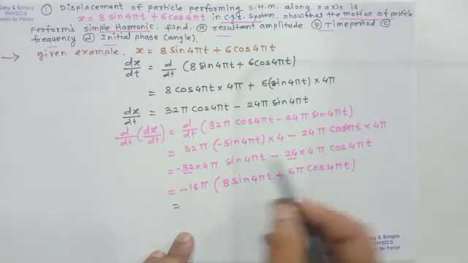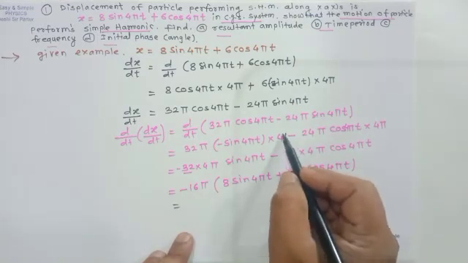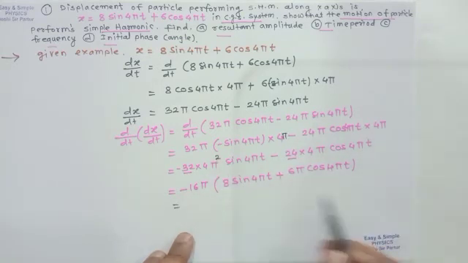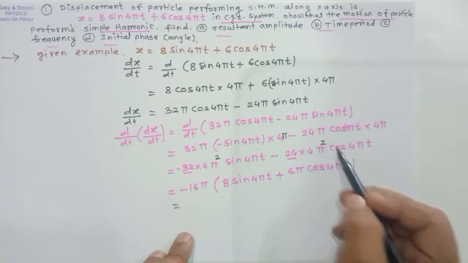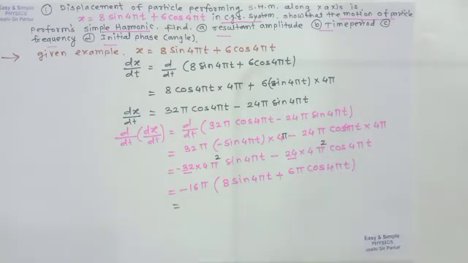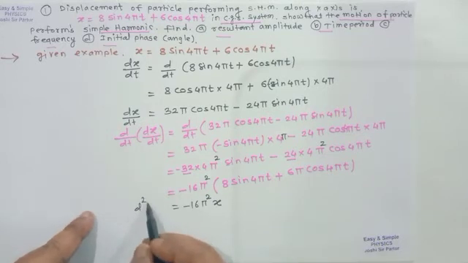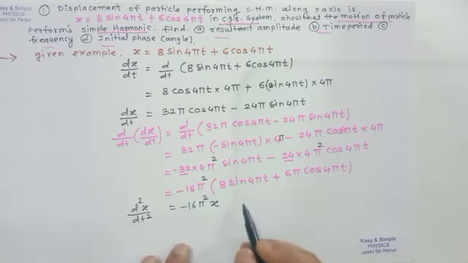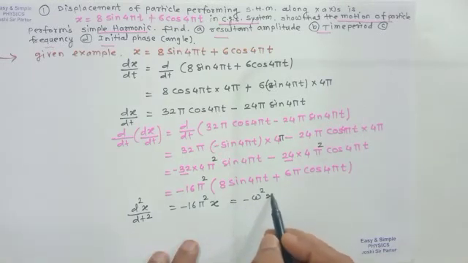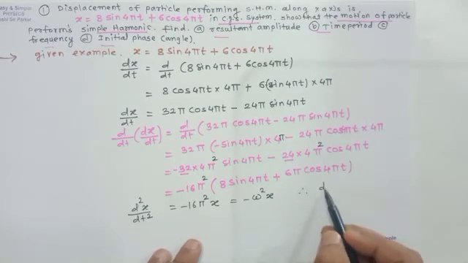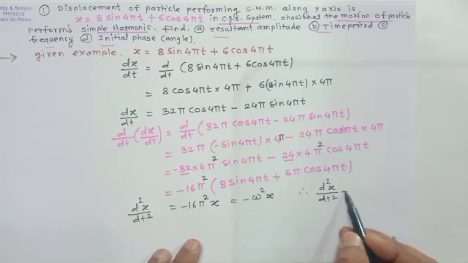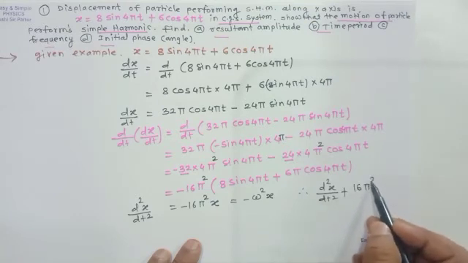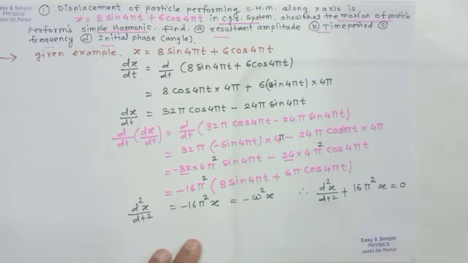Here 4 pi times 4 pi gives 16 pi square, so minus 16 pi square x is d2x upon dt square. We know that it can be written as minus omega square x, therefore d2x upon dt square plus 16 pi square x is equal to 0.